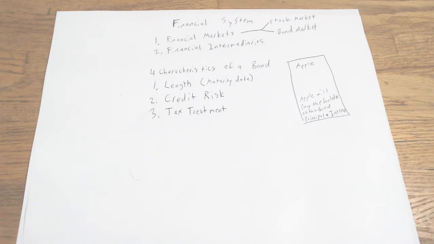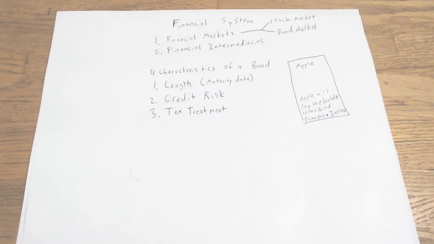On most bonds, the interest accrued is part of taxable income. Municipal bonds, however, are issued by state and local governments and are not subject to federal income tax, making them better. If you have two bonds with the same interest rate and the same principal, and one's a municipal bond, it's going to be better than the one that's not, because you will not have to pay taxes on the interest when the bond matures.